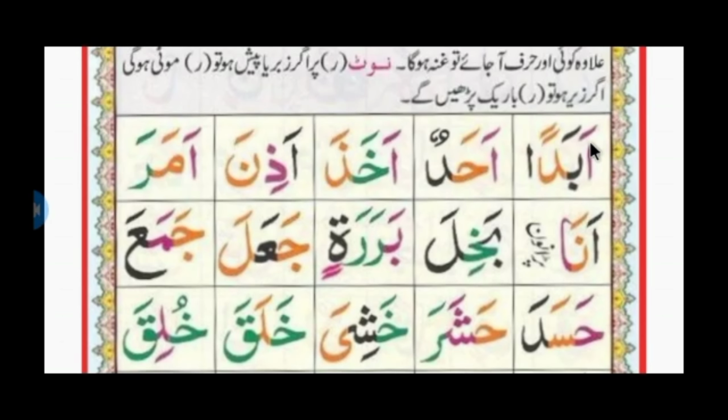And we already read about tanween also, that two fatha, two kasra, and two dhamma are called tanween, and the purpose is we have to make ikhfa on tanween. So we will read harakats and tanween's words, and also we learn how to read three or four letter words. So let's begin.